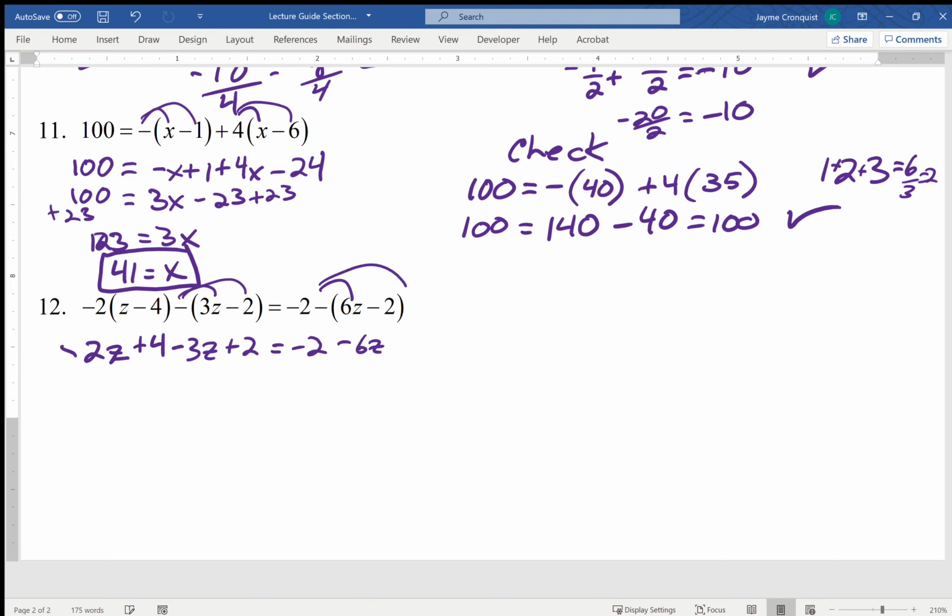We've got to distribute it to both of them, plus 2. A lot of students do it to the first, but forget to distribute it to the second. All right, simplify. I have minus 5z and plus 6 equals negative 6z minus 2 plus 2 is 0.